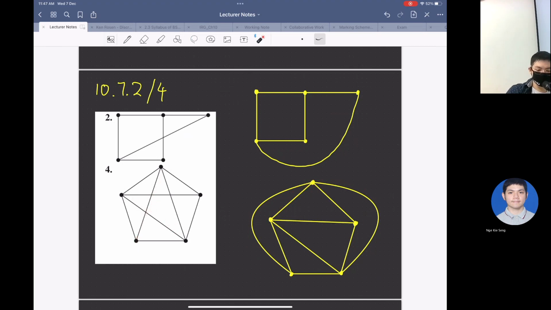See, I move the edge crossing outside, so that they don't have edge crossing. Then these two graphs are planar. They are isomorphic graphs. Planar means no edge crossing.